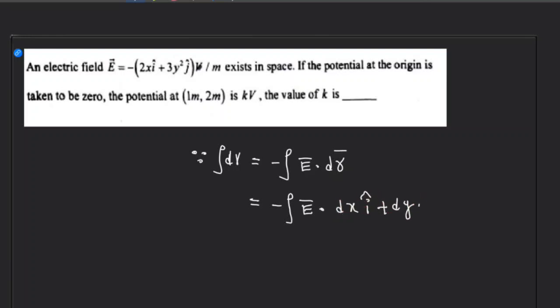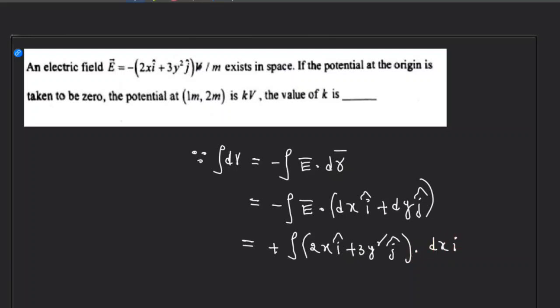Again, it is going to be minus of minus, plus, because there is a minus here. E bar is 2x i cap plus 3y square j cap, dot dx i cap plus dy j cap, right?